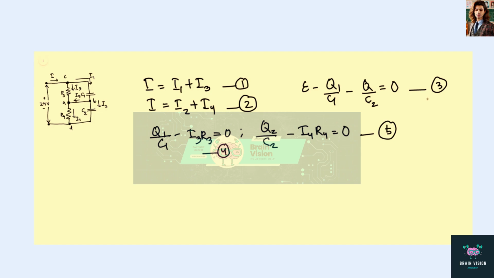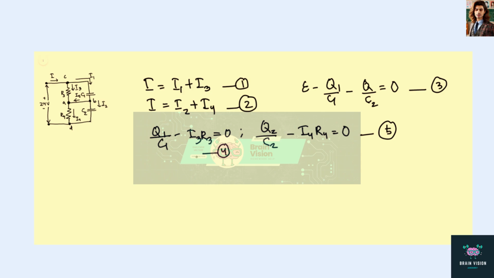First we differentiate equation 3 with respect to time, and then we set the derivative of the charges q1 and q2 equal to the current.